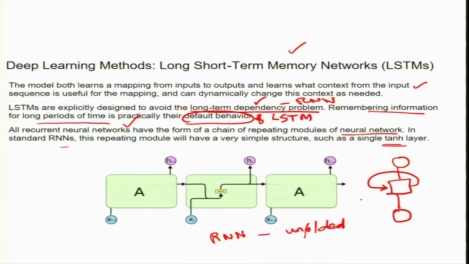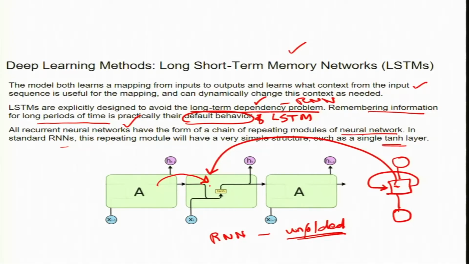So, this is the unfolded way of showing this. This structure of a neuron is shown over here. It will be using the output of the previous cell as input. That is also called feedback.